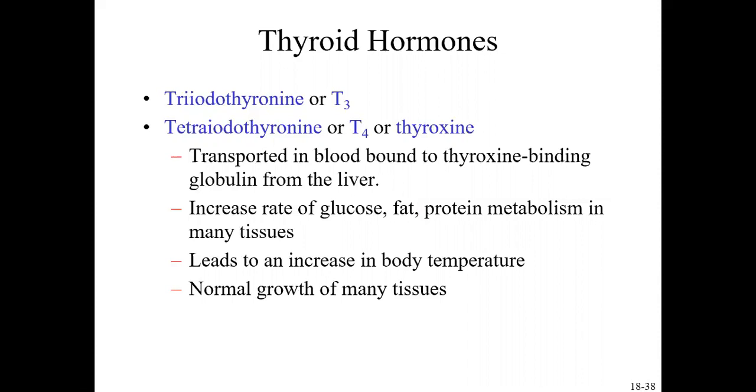Even a little protein metabolism, you can actually produce some energy from breaking down proteins as well. By increasing the rate of breaking down some of these biomolecules, you produce some energy. By producing this energy and by increasing metabolism, that leads normally to an increase in your body temperature, and that eventually helps in the growth of your tissues.